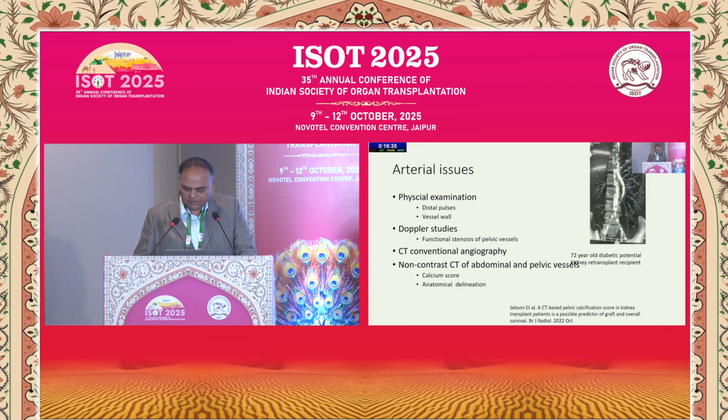Additionally, you can investigate further with a Doppler study, and the most important for me is to do a plain CT scan at least. And if that CT scan shows significant calcification, maybe I'll take a call on doing a CT angiography.